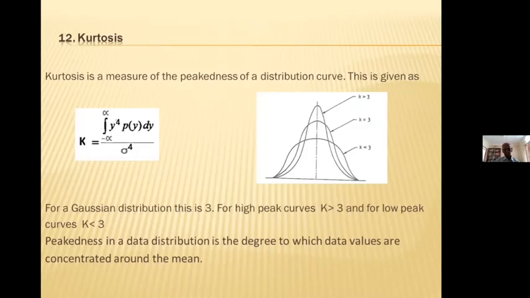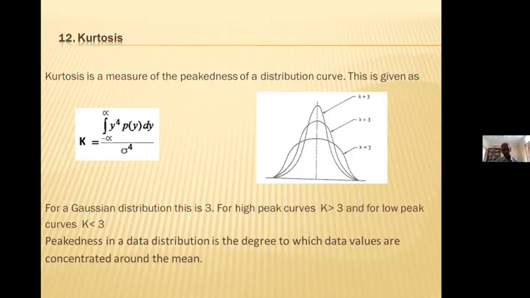If the distribution is Gaussian, then k is 3. If k is greater than 3, it will be high peak. And for low peak, k is less than 3.